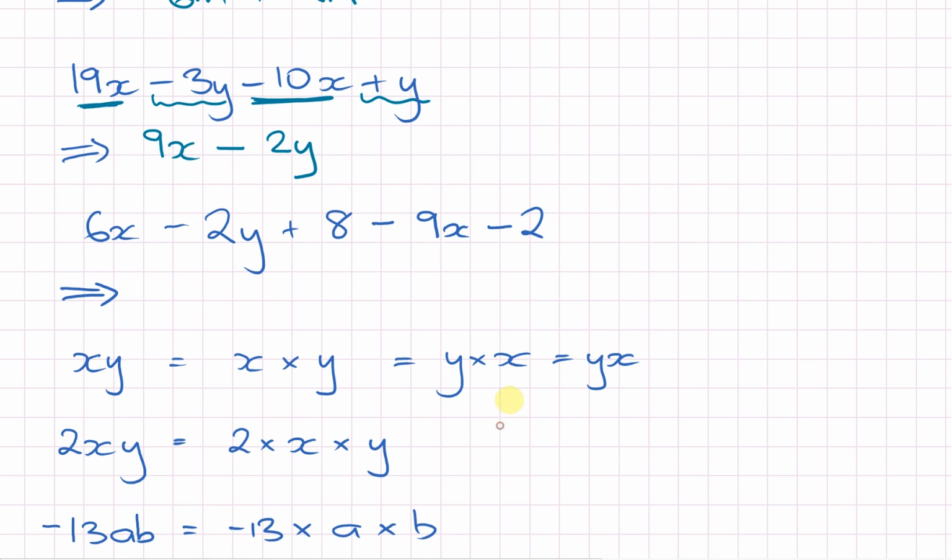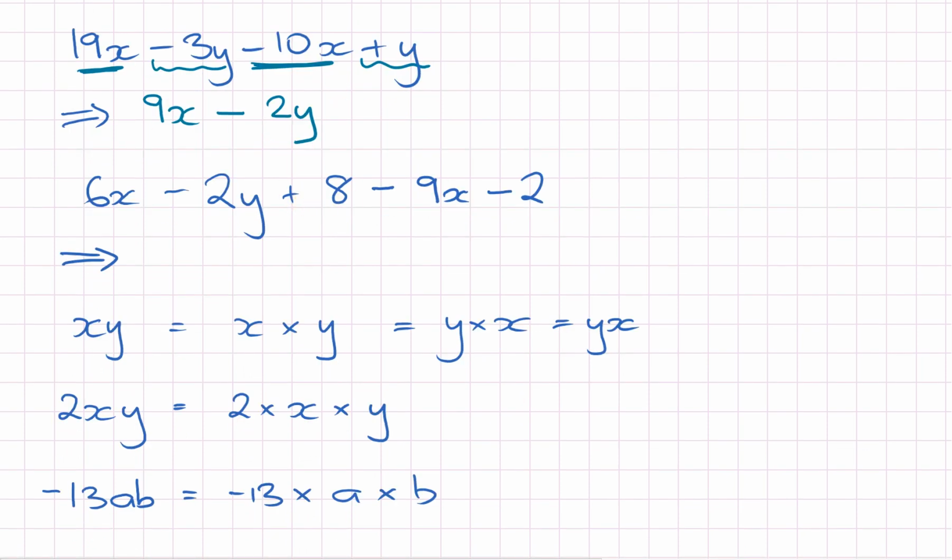Okay, next example, I've got some numbers here. So they are also terms, so I can only combine numbers with numbers. The terms that have letters in them, I can't combine them with numbers because they are unlike terms. So I've got 6x here, can combine with minus 9x, so 6x minus 9x will give me negative 3x, so 6 minus 9 is negative 3.